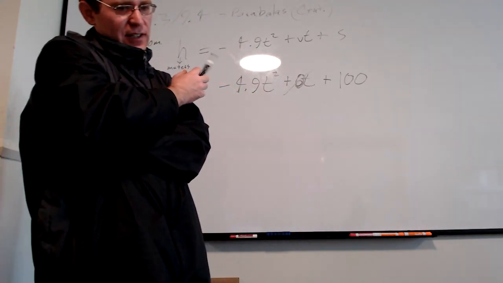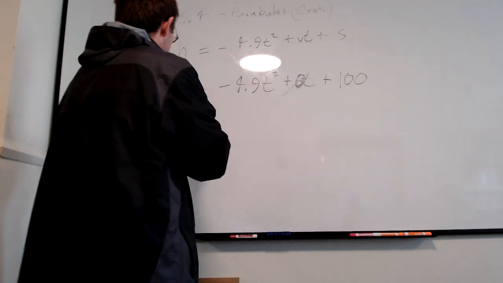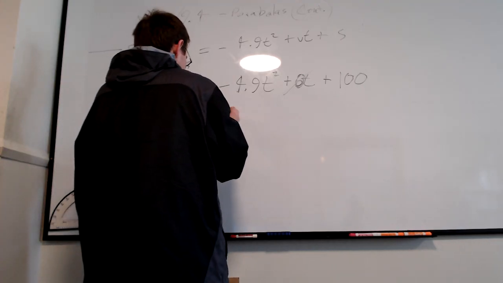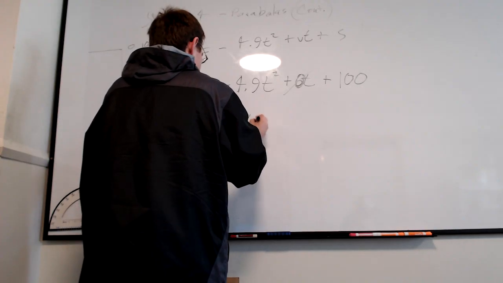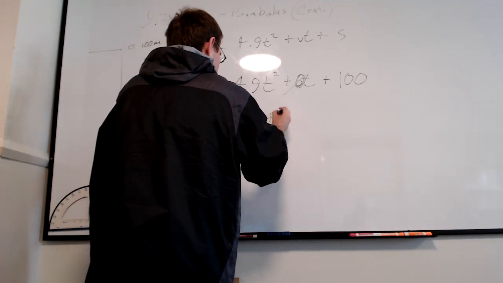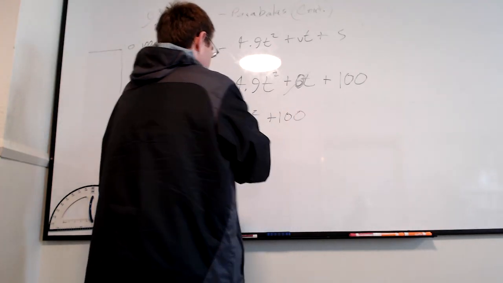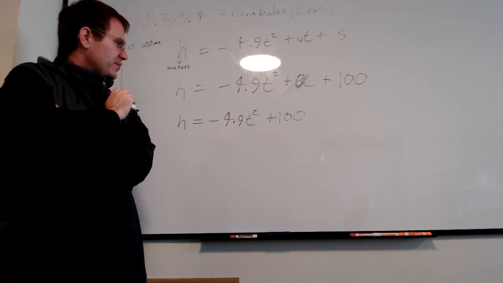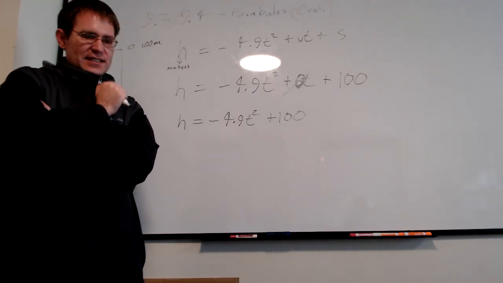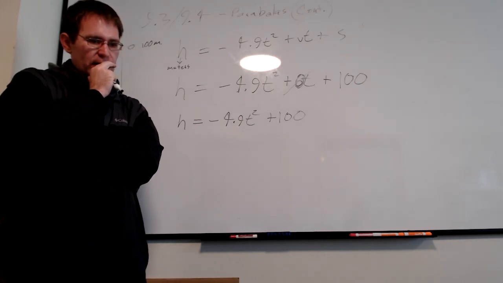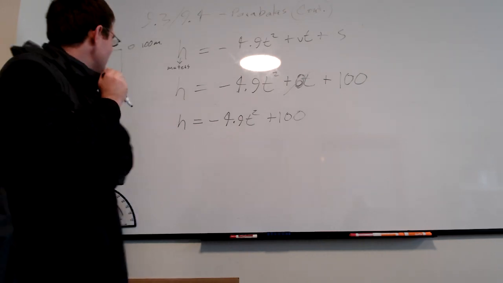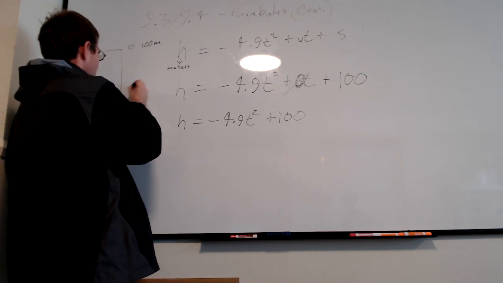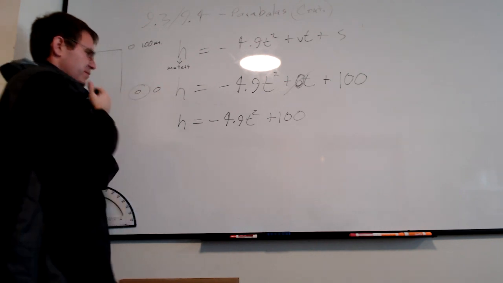All right. So the first stage is to get our formula. That's negative 4.9 t squared plus 100. And then we want to actually solve this for when it hits the ground. So when does our ball hit 0?